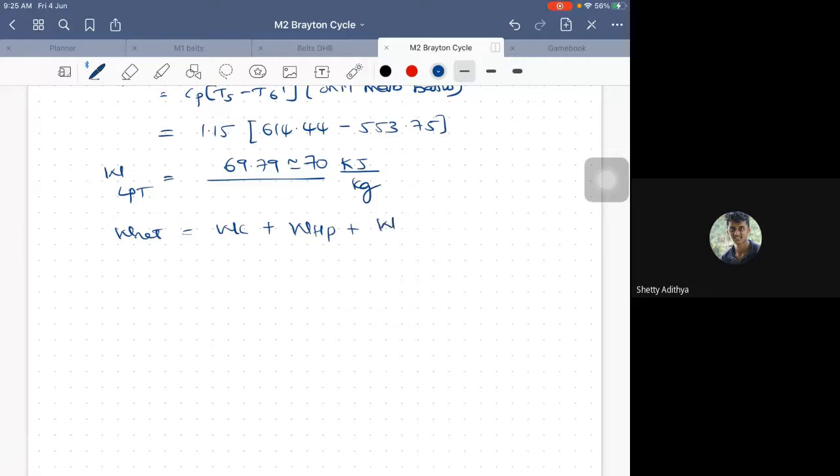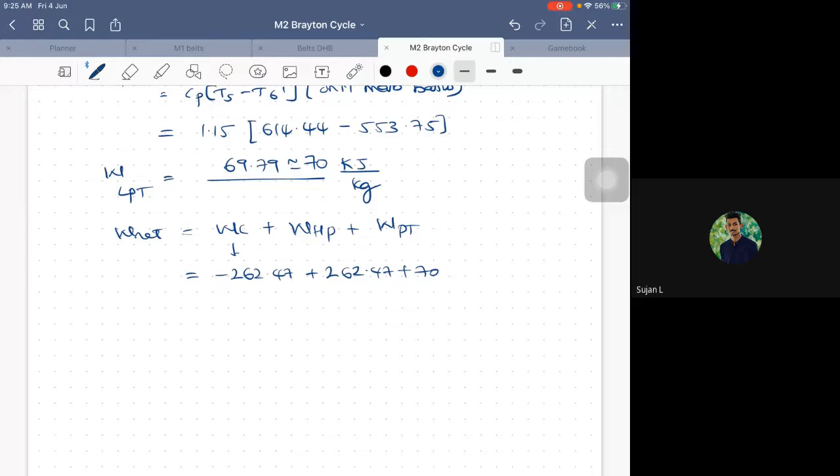The compressor work was minus 262.47, plus 262.47 and plus 69, which I will take as 70.